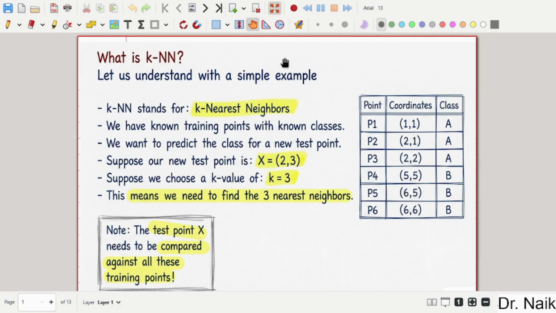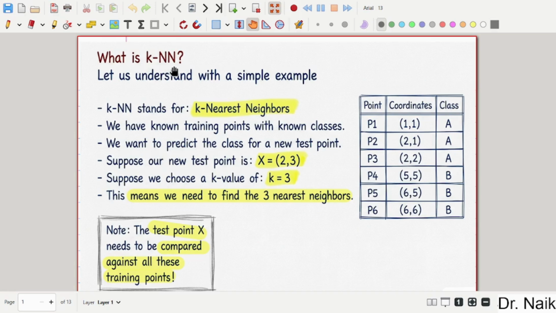KNN works in a similar way. It looks at the nearest neighbors of the unknown point. That's why the algorithm is called K nearest neighbor, where K means the number of neighbors we are going to consider. Nearest means the closest point and neighbor means training points around our unknown point.